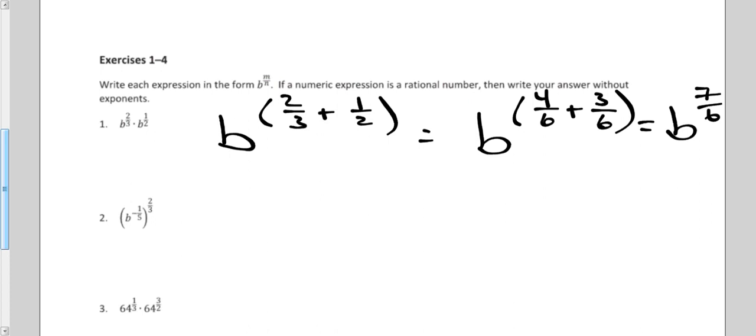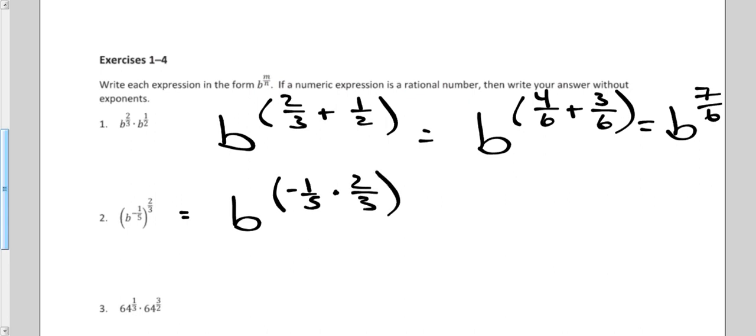Feel me? How about this one? When I got a power to a power, what do I do? I do what to the exponents? Multiply the exponents. So this is b to the negative 1/5 times 2/3 power.